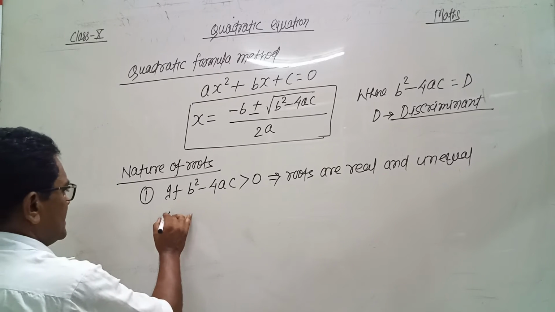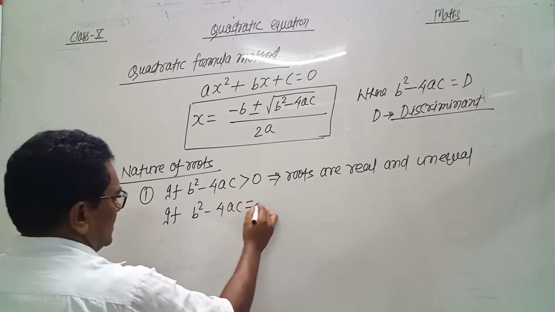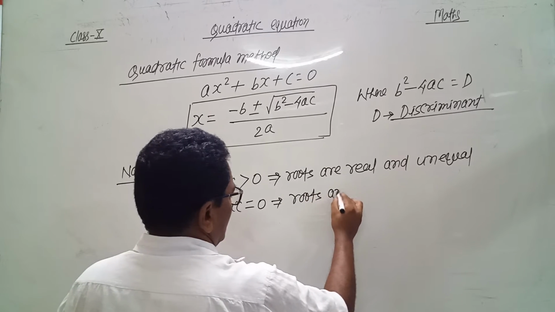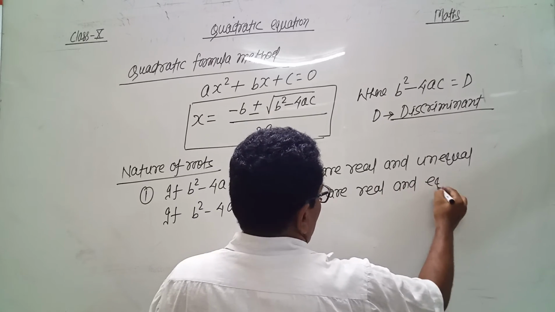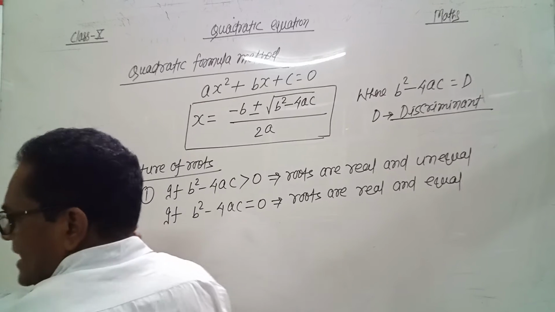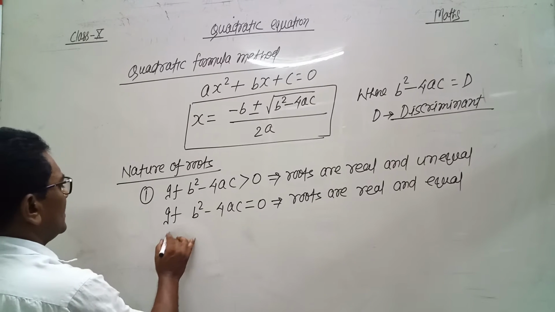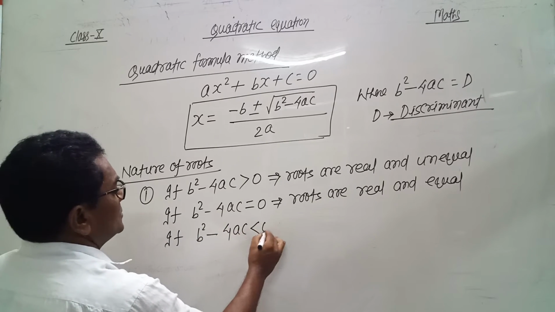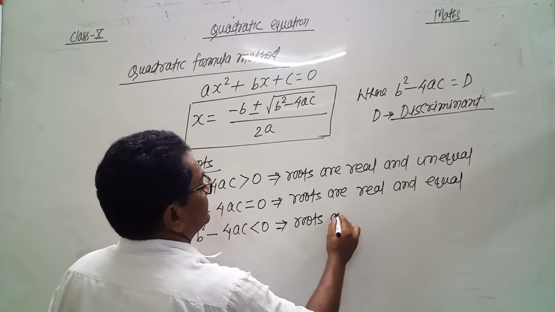If b square minus 4ac is equals to 0, this implies roots are real and equal. And if b square minus 4ac is less than 0, this implies roots are imaginary.